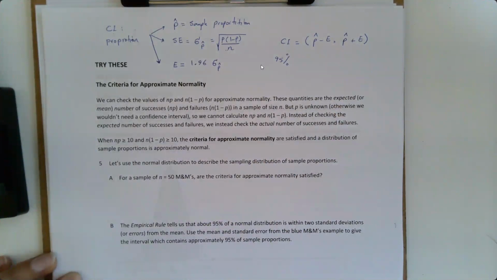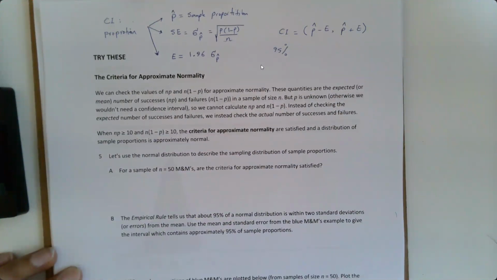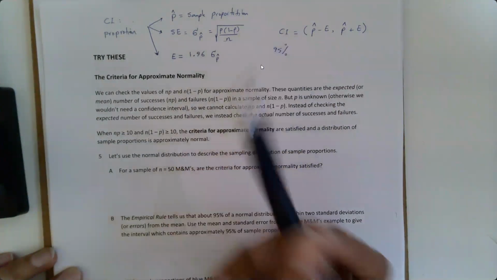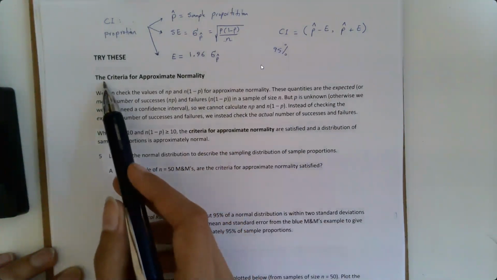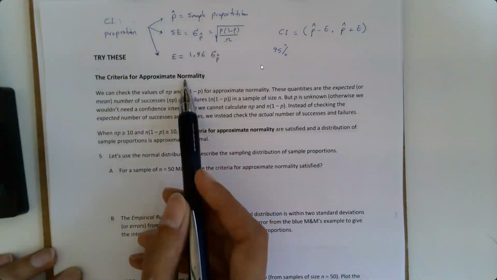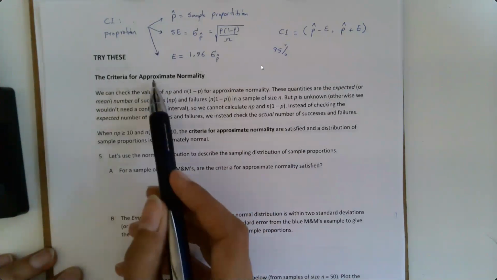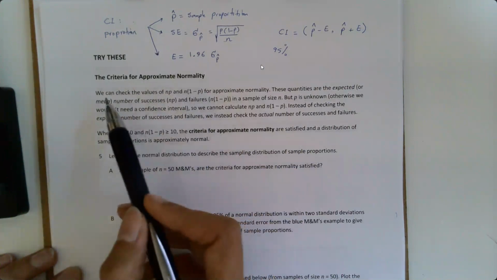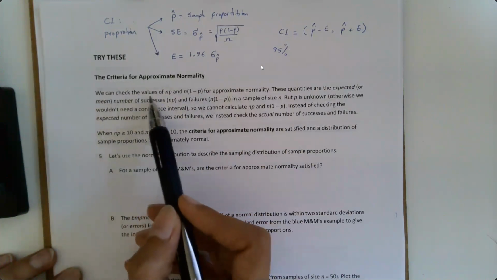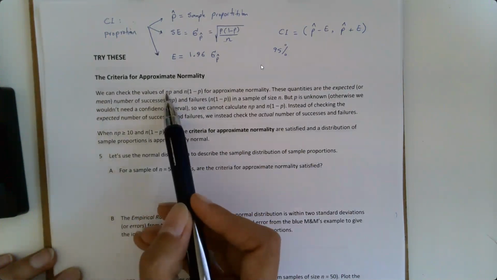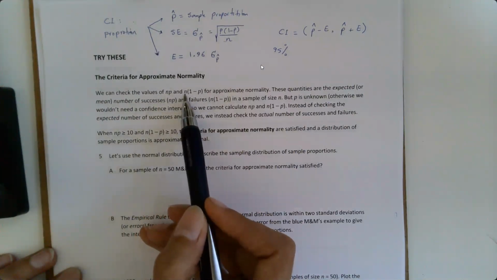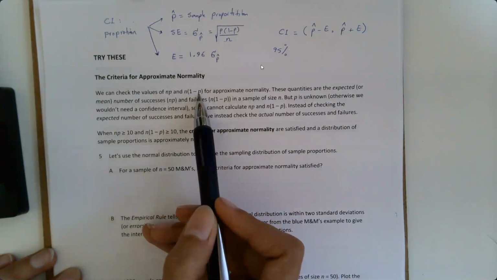Okay, so before constructing the confidence interval for a proportion, we need to check normality. The criteria to approximate normality: we can check the values of n times p and n times 1 minus p.